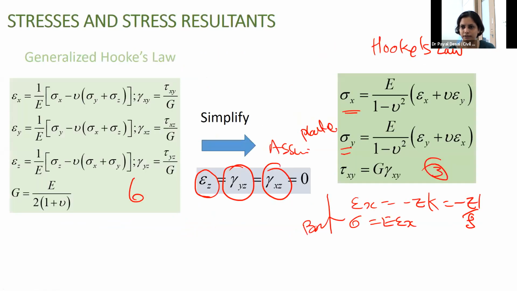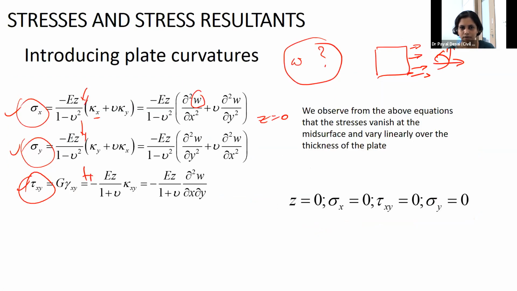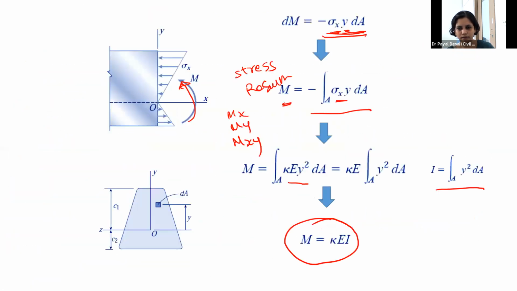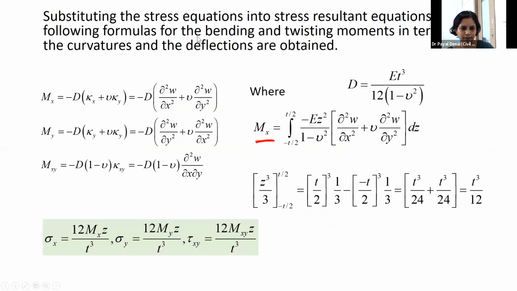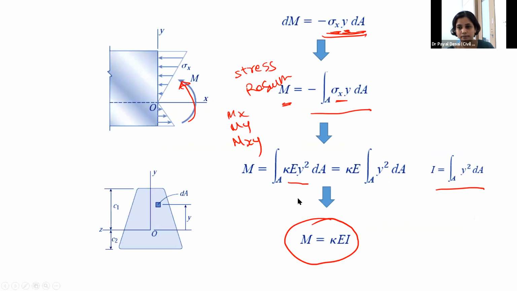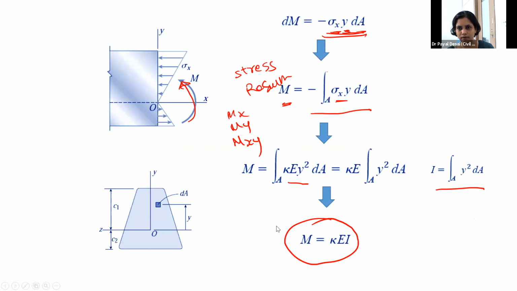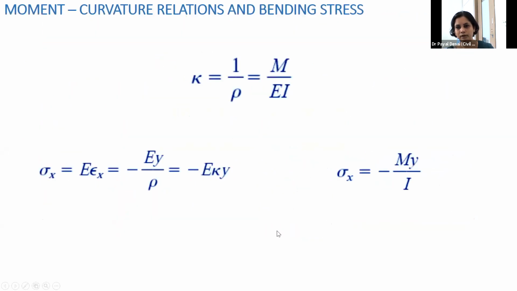So in these equations I am able to replace epsilon x in the sigma equation, and I can determine basically the stress also. So it is just like in case of beam, how you are determining My by I. Okay, My by I, how you are determining in case of beam.